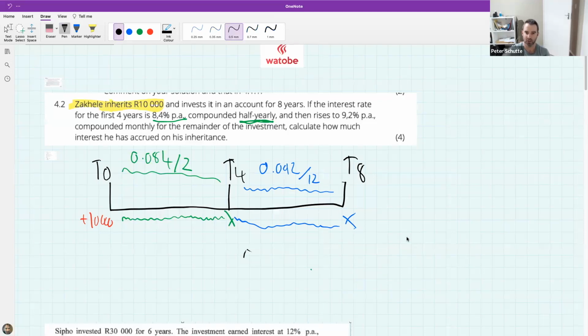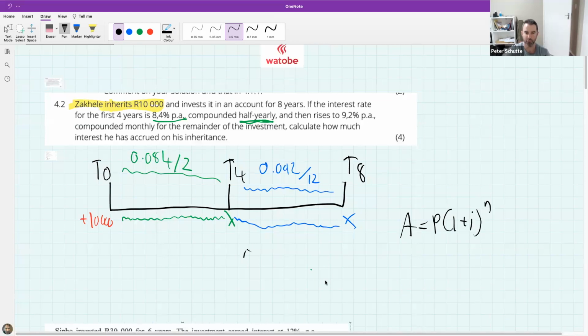And the first thing is we need the correct formula. And the compound growth formula is what I'm going to use. And if I start with 10,000, I'm going to use a different color, I'm first going to grow it using this formula, and I'm going to say 1 plus, and I'm going to put the interest rate that is in the green zone.